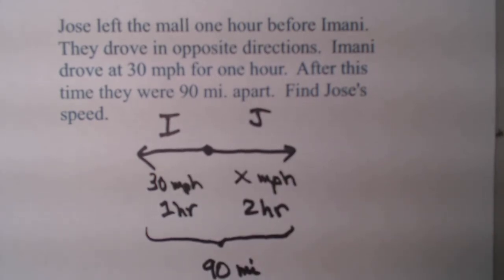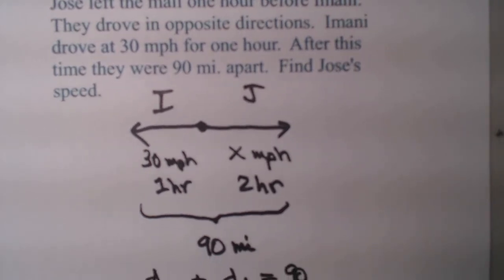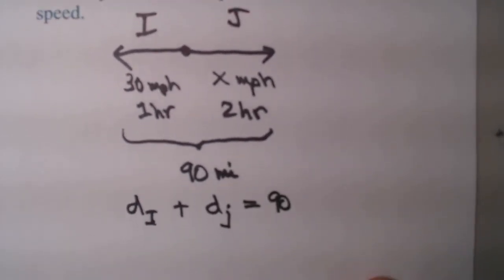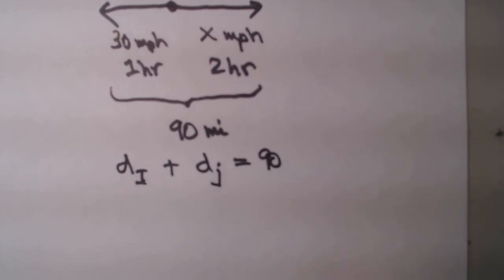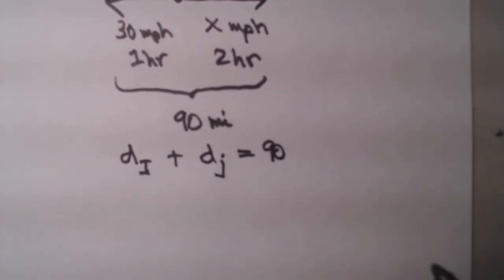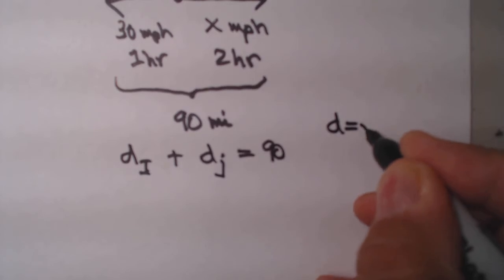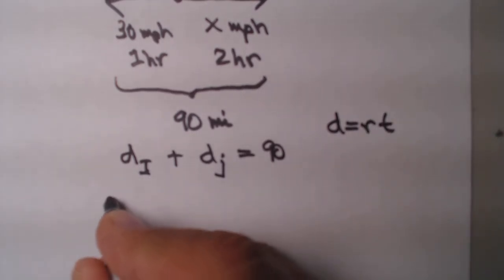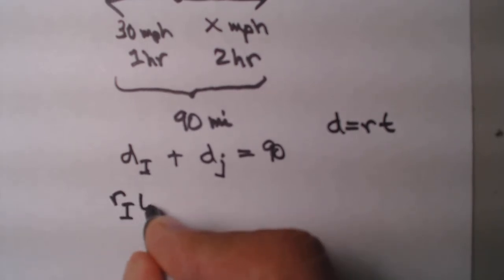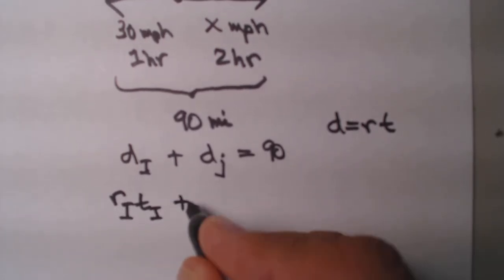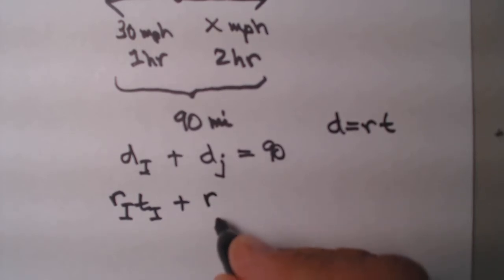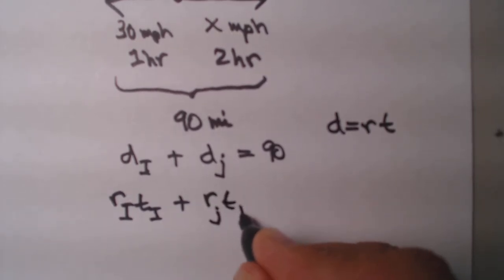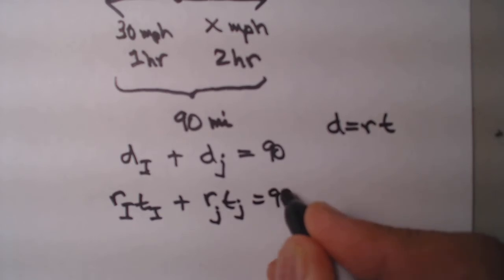So we could start out with the distance Amani goes plus the distance Jose goes equals the 90 miles. There's our starting point. Now, let's do the d equals RT substitution again. Since we're replacing d, we know that d equals RT. So R Amani T Amani plus R Jose T Jose equals 90.